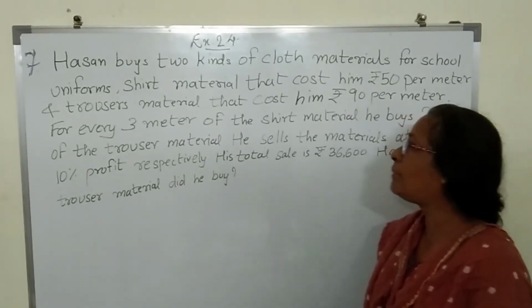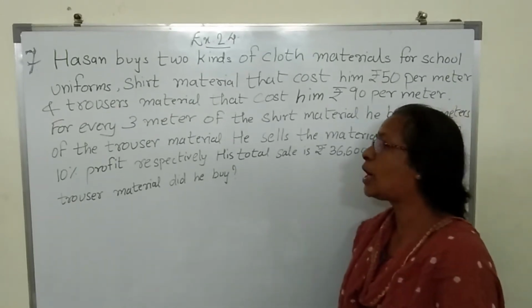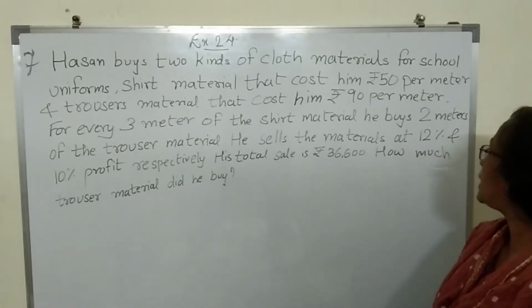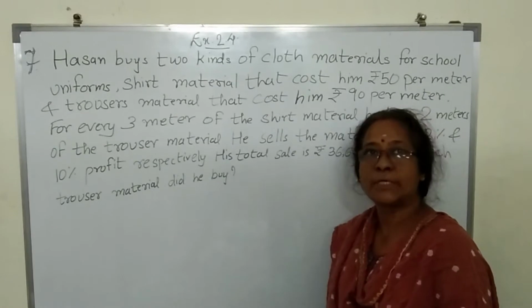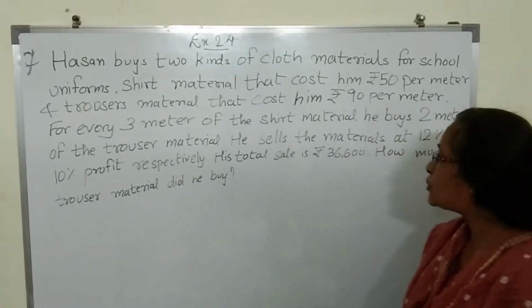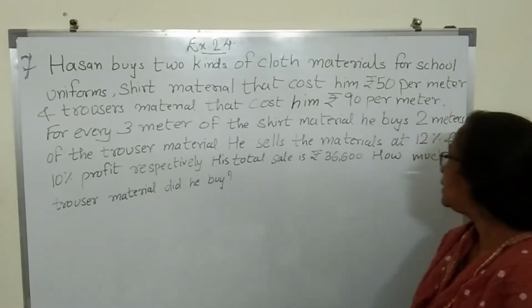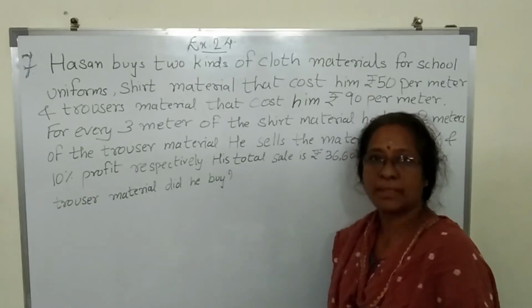For every 3 meters of the shirt material he buys 2 meters of trouser material. He sells the materials at 12% and 10% profit respectively. His total sale is rupees 36,600. Then how much trouser material did he buy?